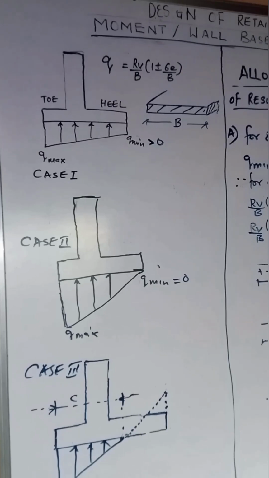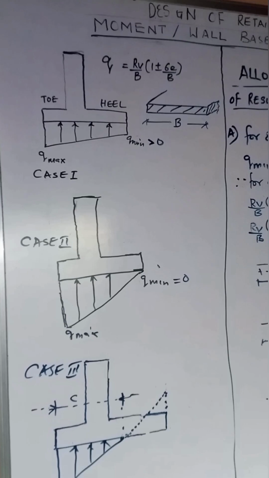Similarly, we are going to look at, under these various load cases, the range or domain of eccentricity that is expected to be obtained during design. If we have the minimum pressure greater than 0 and the maximum pressure as Q maximum, the eccentricity must be less than B over 6.